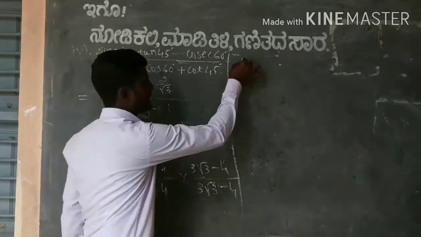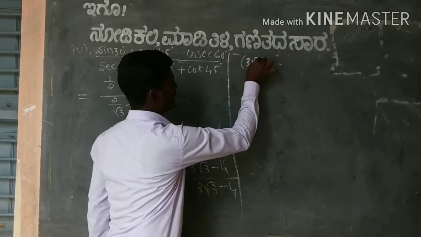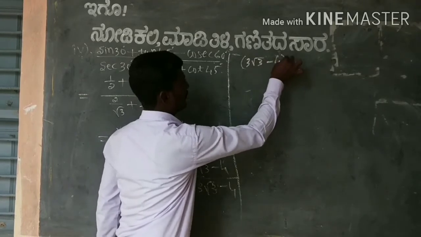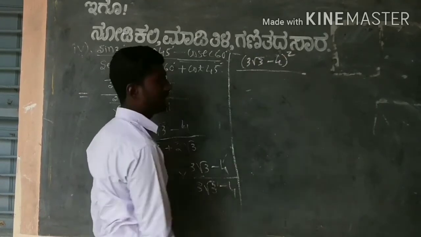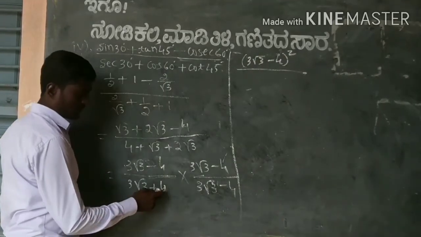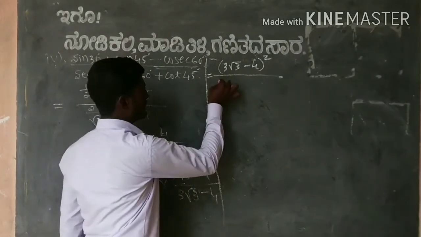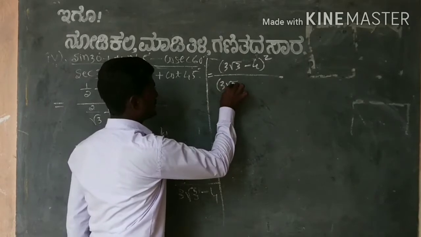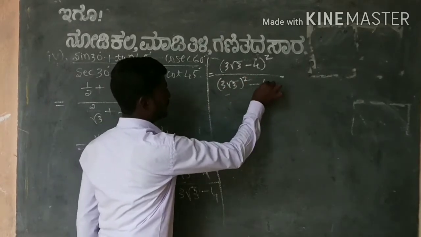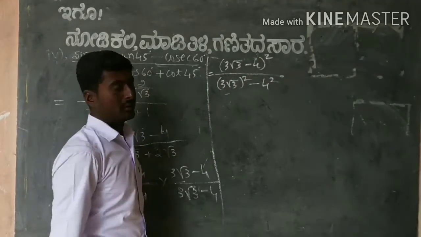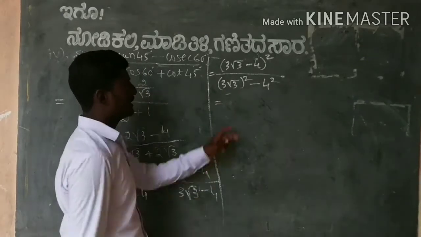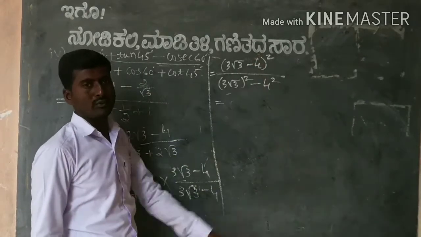Means 3 root 3 minus 4 whole square divided by a plus b into a minus b, a square minus b square, that is 3 root 3 square minus 4 square. Now next step, this is equals to, this is a minus b whole square formula.